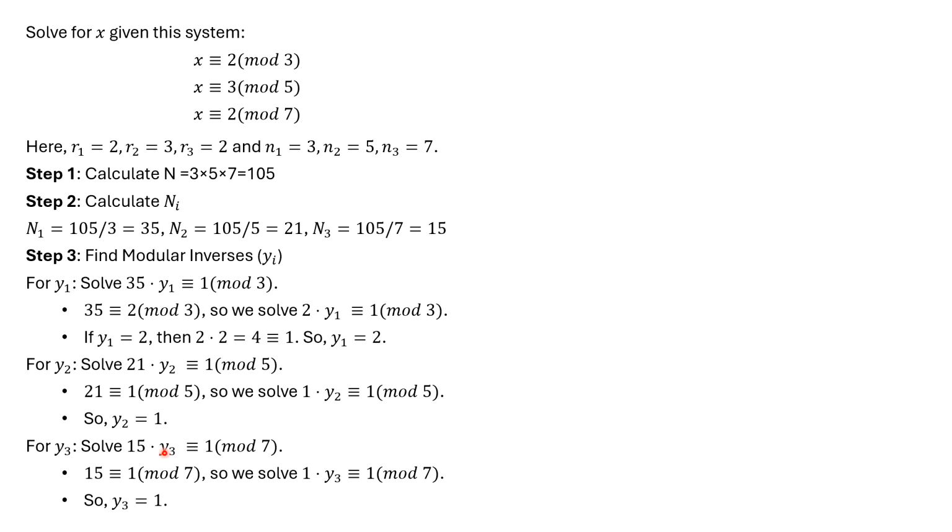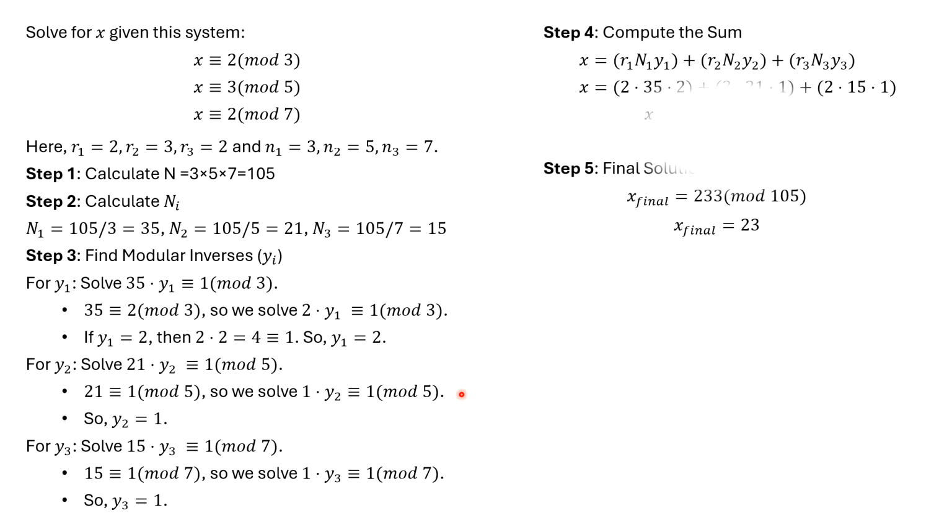You want to solve 15 y sub 3 congruent to 1. 15 is congruent to 1 mod 7, right? 2 times 7 is 14, and then you have 1 left over for 15. And so you have the equation 1 times y sub 3 congruent to 1, and again y sub 3 is 1.